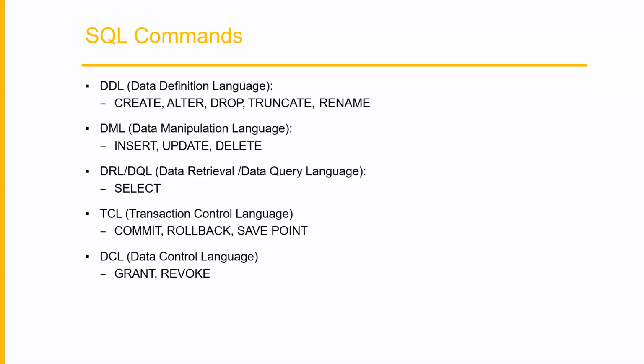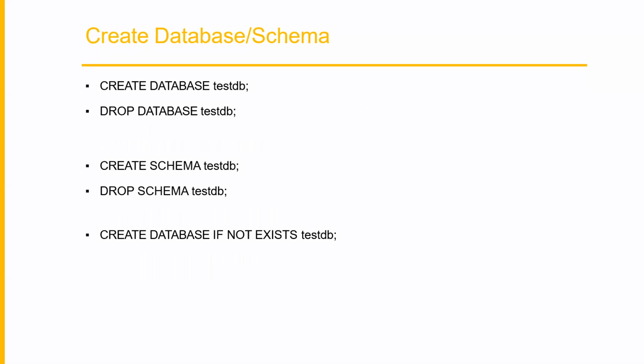So for that, we'll first start with a DDL command called create. To work on anything, we first need a table. The data is stored in a database in the form of tables, and these tables are grouped into schemas.